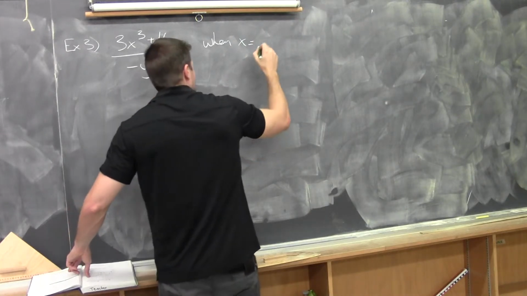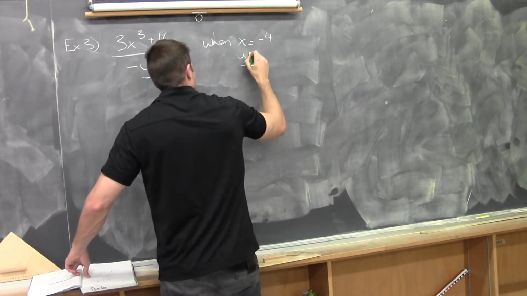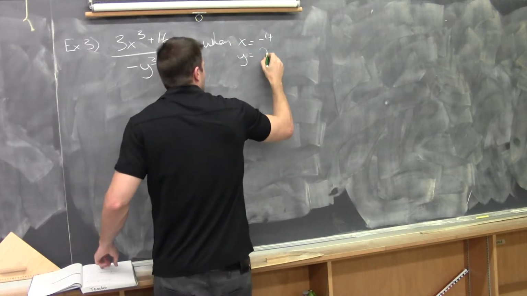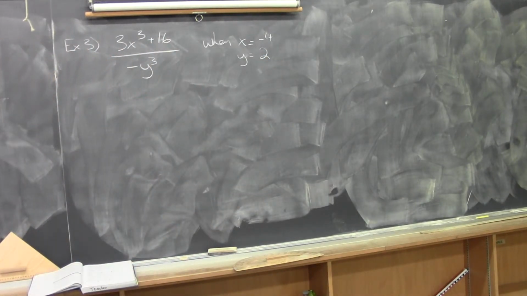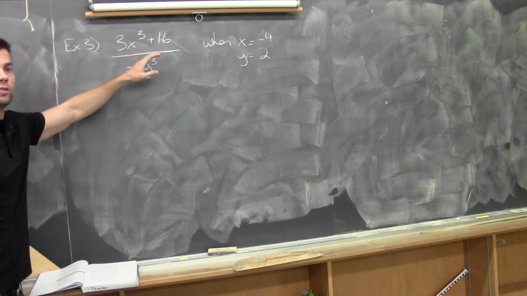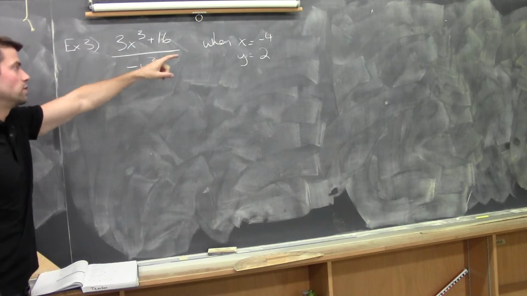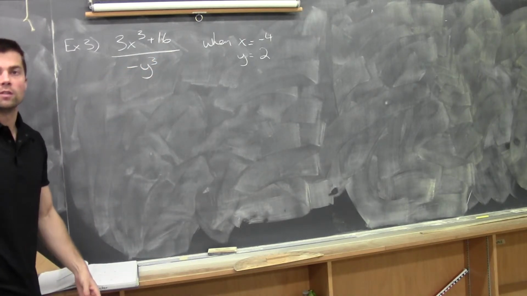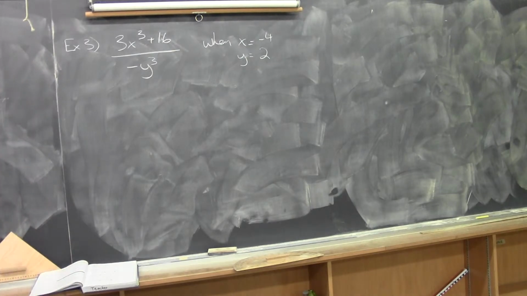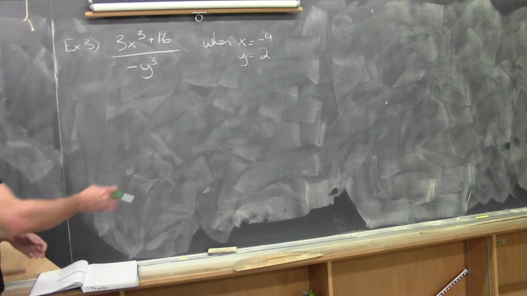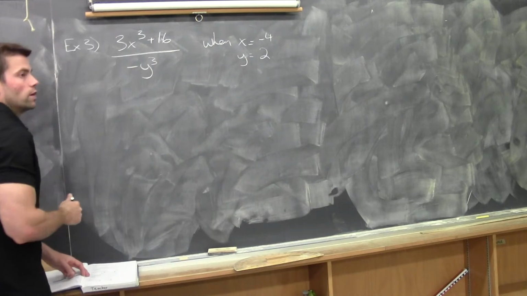Now have you guys done this before with substitutions? Yes. You've seen this before? Okay, you're going to see this a lot. They're giving us the two values of x and y. So if there was a chance for us to simplify things before subbing in, we would, just to make it easier. But in this case, there's only one x and there's only one y, so we can't simplify anything. So we're just going to go ahead and substitute those values in right away.